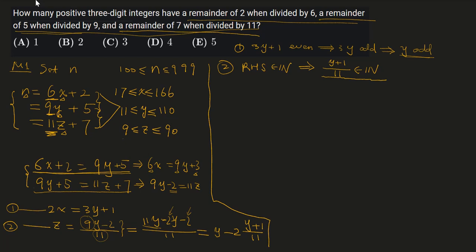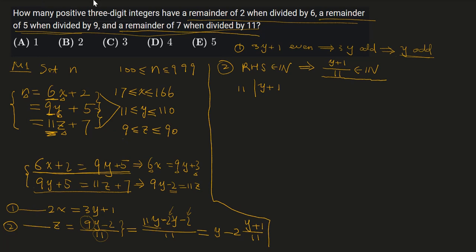And let's look at this y. In order for this to be a positive integer, y plus 1 got to be a multiple of 11. Or in the other way, y plus 1 got to be divisible by 11. Alright, but are all 11 multiples good in this scenario?